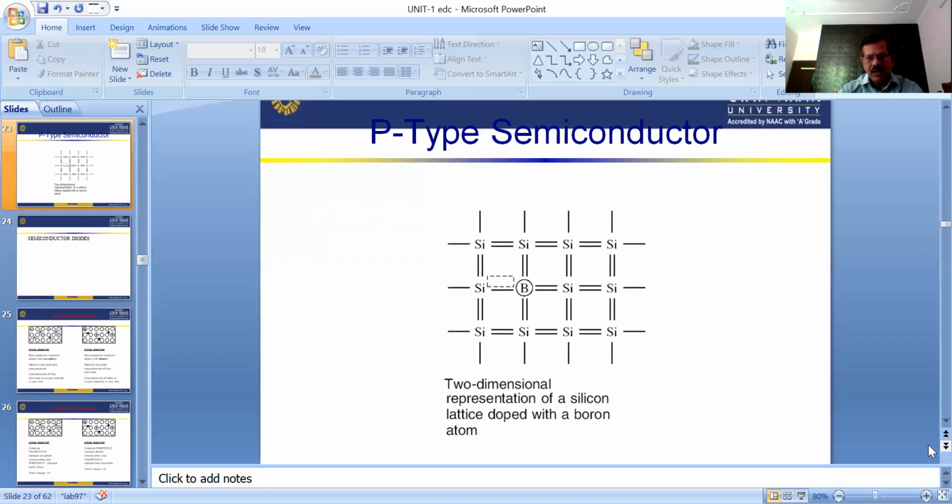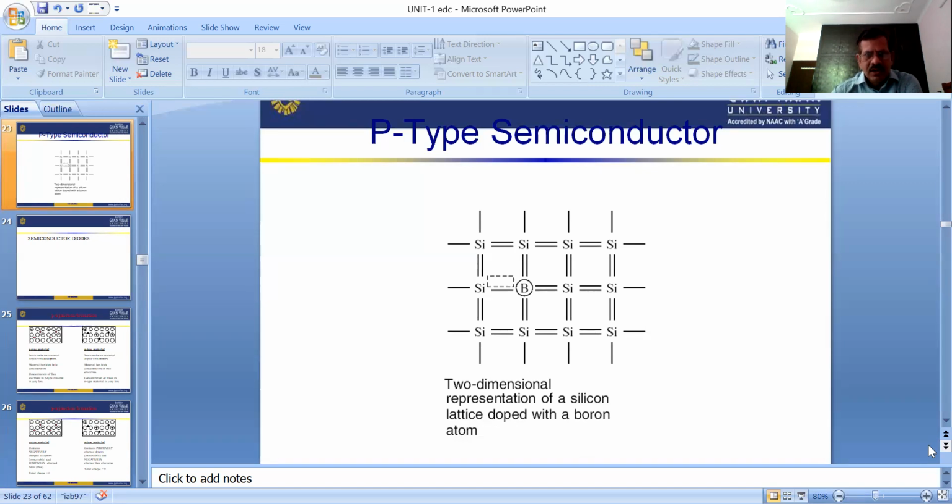Here group three elements are doped into the silicon, so the silicon behaves as a p-type semiconductor. For example, boron is a trivalent, group three element.